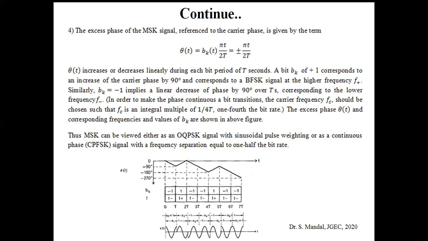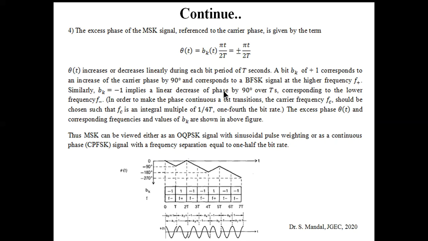Consider the first time duration from 0 seconds to T seconds. In that case, a0 equals 1 and a1 equals 1. So obviously bk(t) will be minus AI(t) into AQ(t), that is minus 1 into 1, which is minus 1. For this case there will be a minus 90 degree phase shift. So you can see that for the first time duration the phase shift is minus 90 degrees.